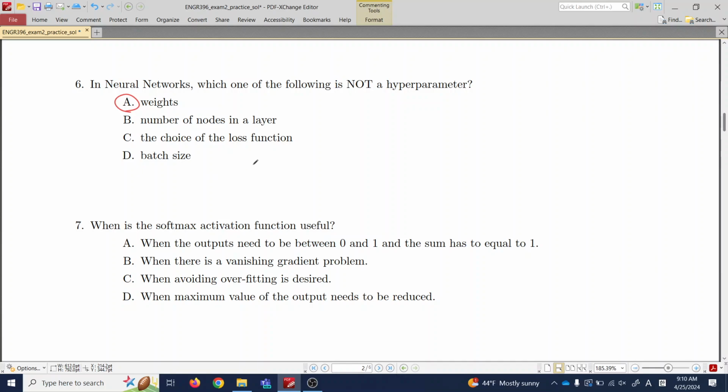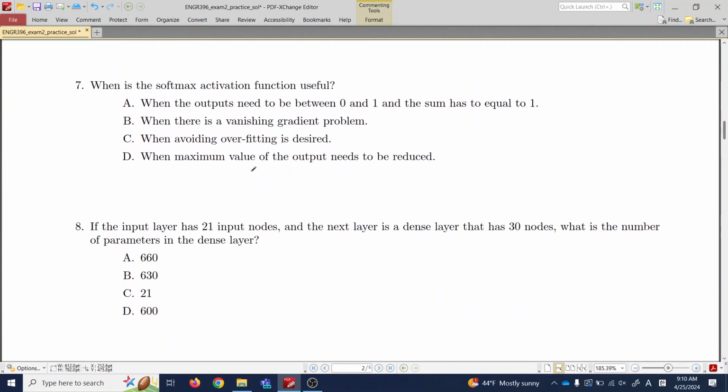Okay. All right. When is the softmax activation function useful? What does the softmax activation function do? Do you remember? It's e to the output of your own node, so let's say you're at node number i, right?